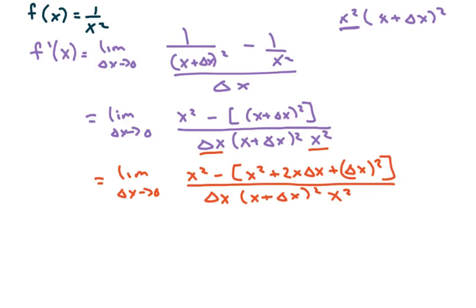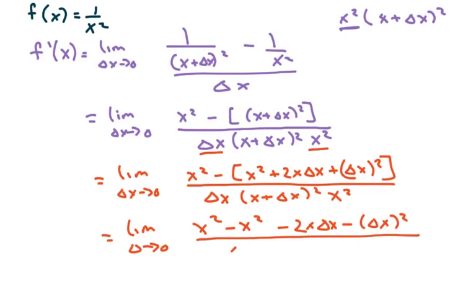Now, if I clean up the numerator now, I'm going to get the limit as delta x approaches 0, x squared minus x squared minus 2x delta x minus delta x squared all over delta x times x plus delta x squared.